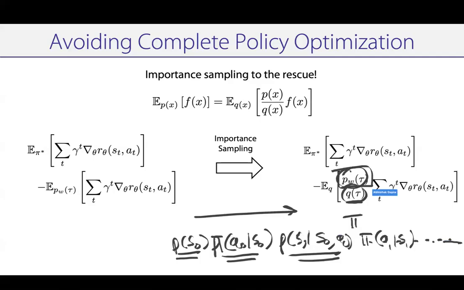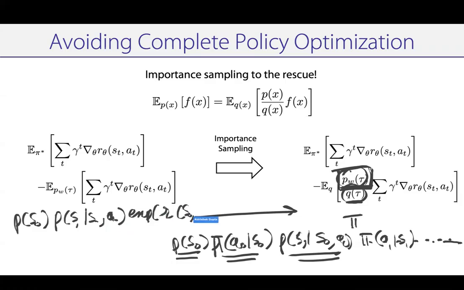Now, Rico's point was we don't know P_W, we don't know P_W of tau. But what maxent RL tells us, which we didn't have enough time to cover in full detail, is that the optimal maxent distribution with respect to some reward is proportional to P of S0 times P of S1 given S0, A0 times the exponentiated reward of S0, A0 times P of S2 given S1, A1 times the exponentiated reward of S1, A1.